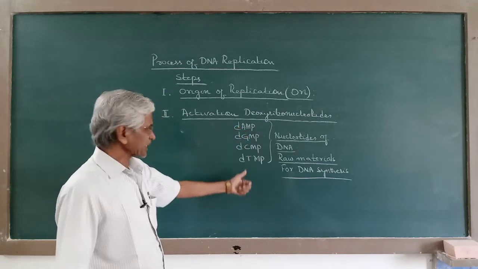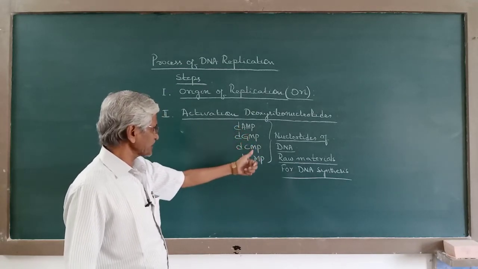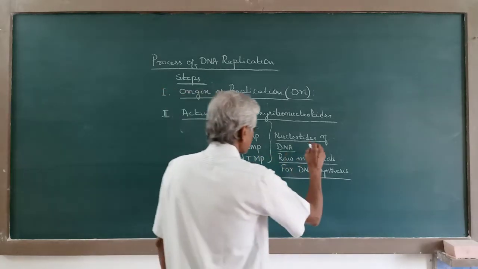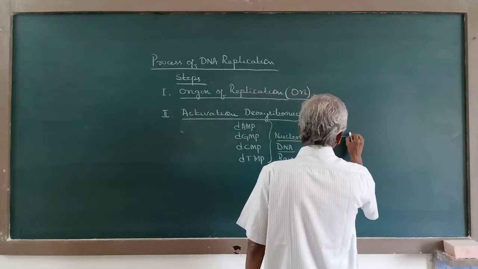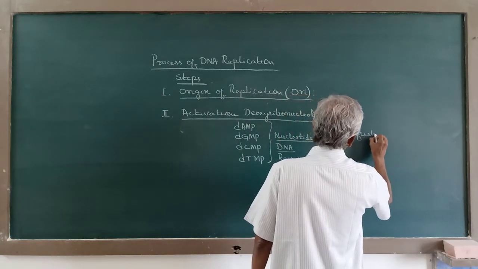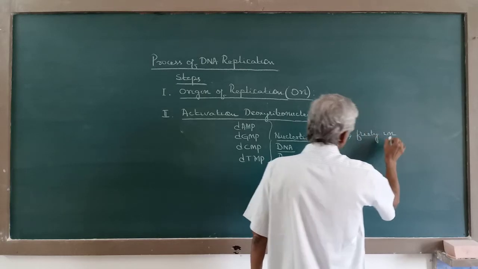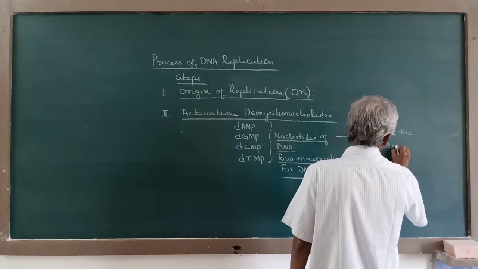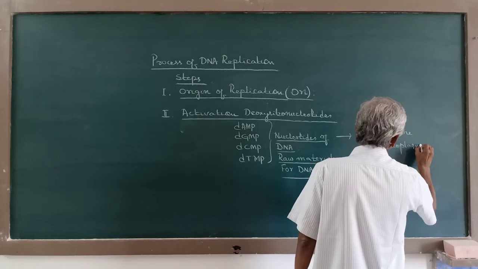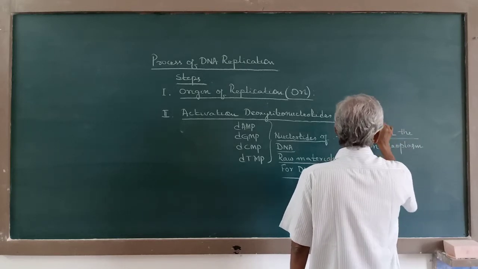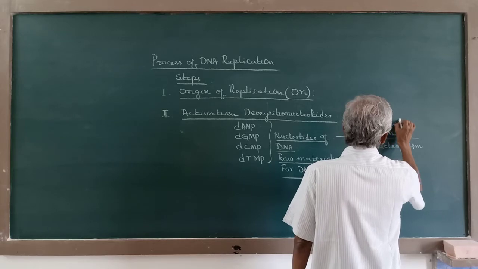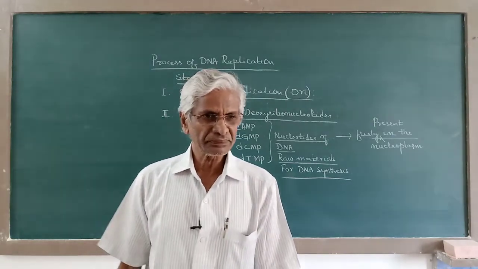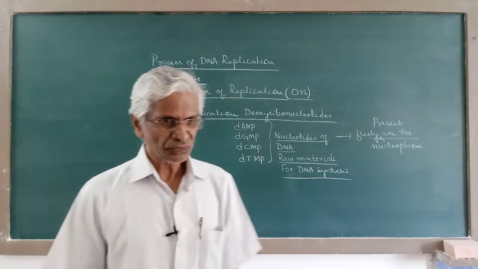Now these nucleotides, dAMP, dGMP, dCMP and dTMP, are present freely in the nucleoplasm of the nucleus, the liquid content of the nucleus.